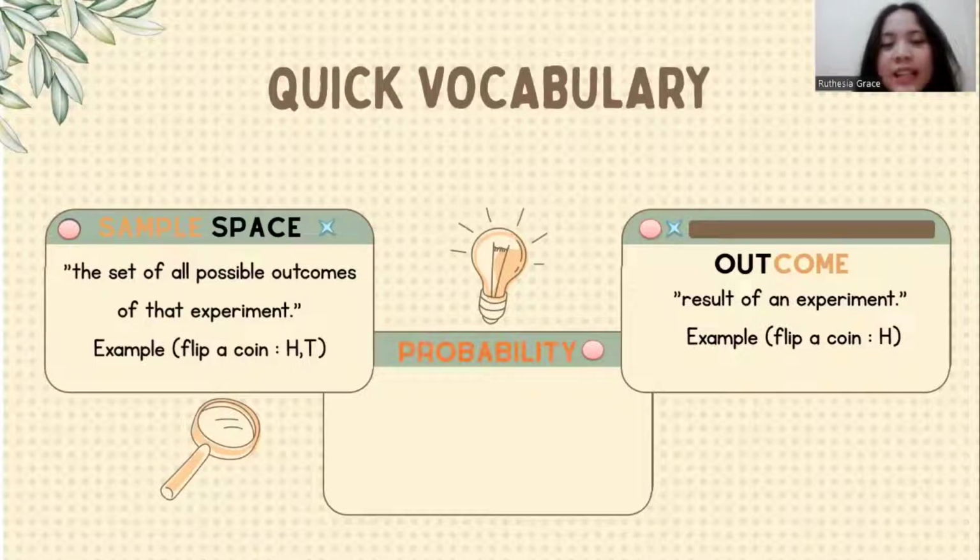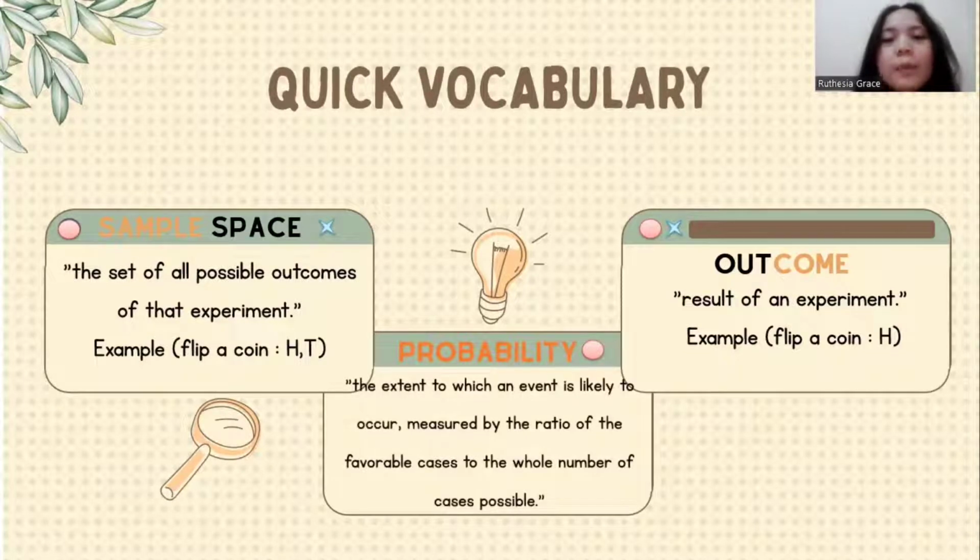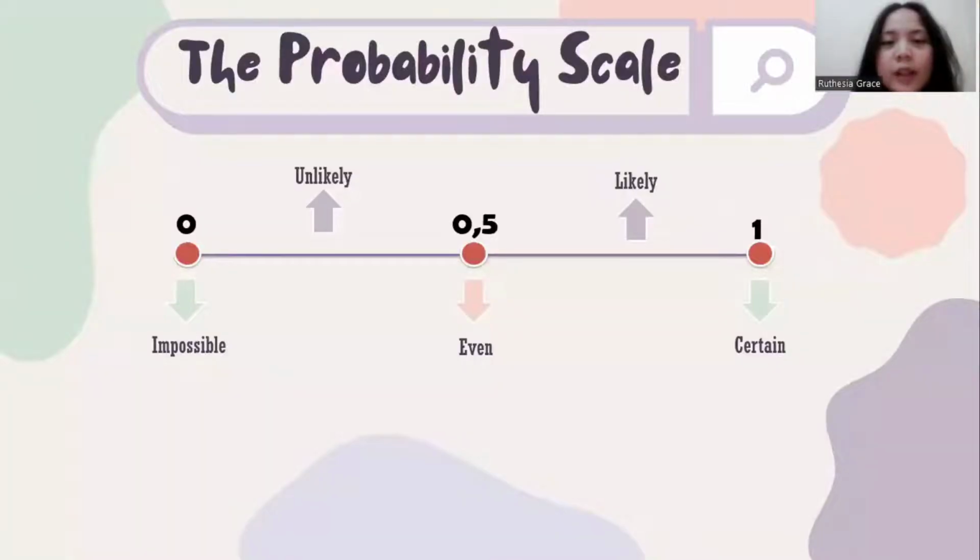And next is the topic that we're going to talk about, which is probability. Probability is the chance that an event will occur, or a measure of uncertainty. Probability has a scale from 0 to 1, where 0 is certainly not going to happen, and 1 is certainly going to happen.